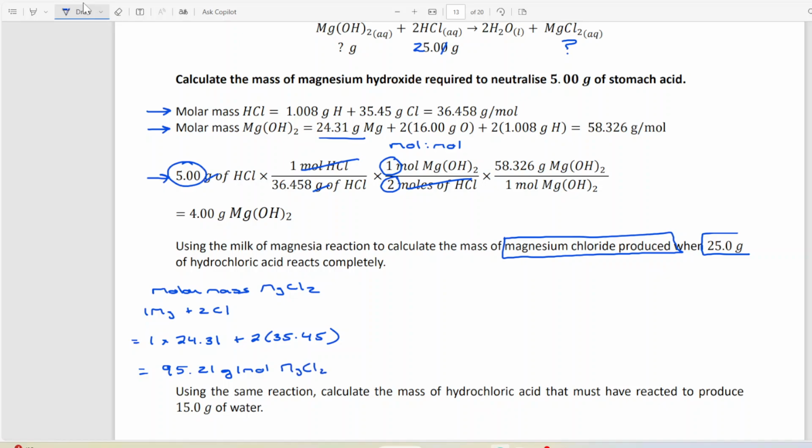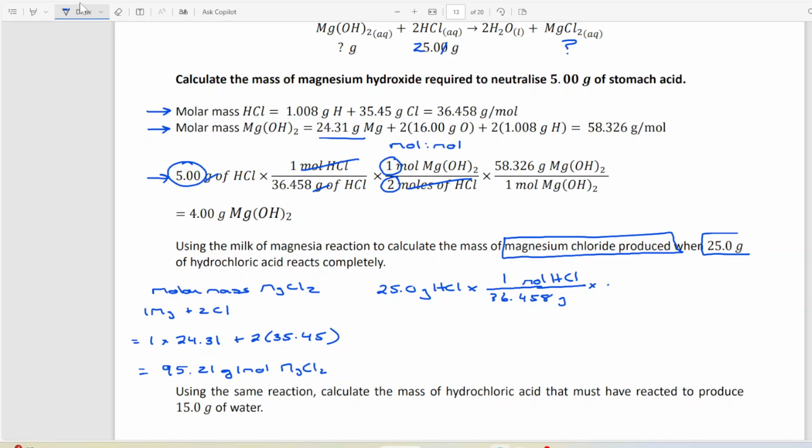Okay, so then we're going to start with 25 grams of hydrochloric acid. And we're going to convert that grams to moles. So 1 mole of hydrochloric acid weighs 36.458. I like to put my units in first for dimensional analysis, but sometimes they get in the way.